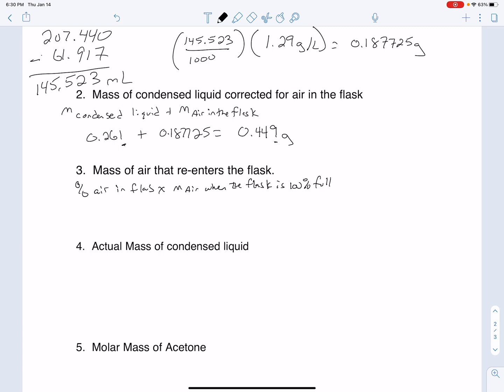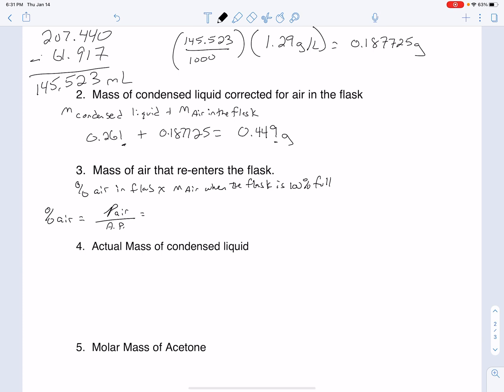Well, I'm going to find the percent of air. How do I do that? Well, I'm going to take the partial pressure of the air all over atmospheric pressure. Now we think, how do we get that?